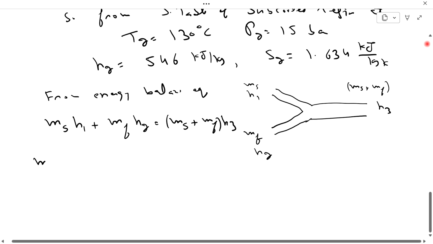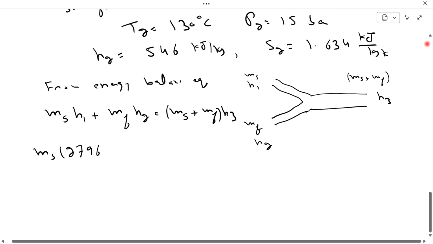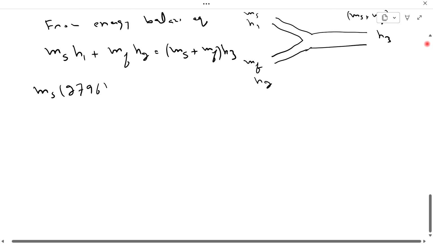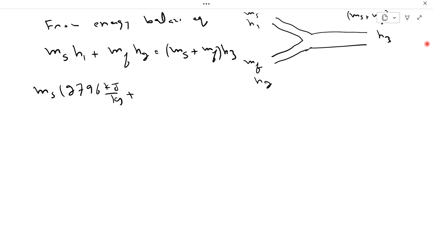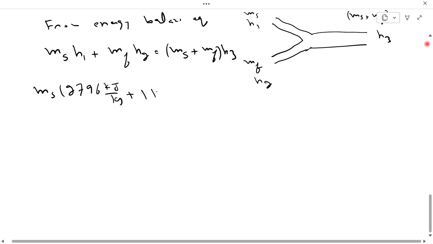So, Ms, enthalpy at 1 is 2796 kilojoule per kg, plus mass of feed water is 1 kilogram per unit mass. This is given in the statement as per unit mass of feed water entering, so Mf is 1 kilogram.